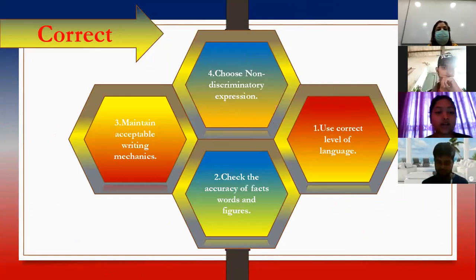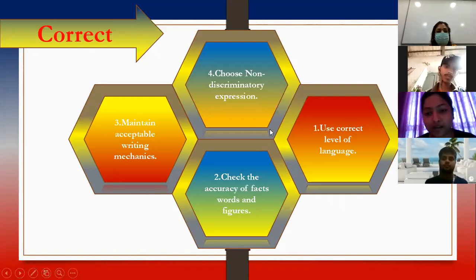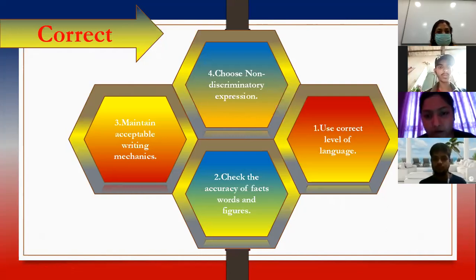Remember, spell checkers don't catch everything. Some examples: first, use the correct level of language. Second, check the accuracy of facts, words and figures. Third, maintain acceptable writing mechanics. And fourth, use non-discriminatory expressions. Thank you, ma'am.